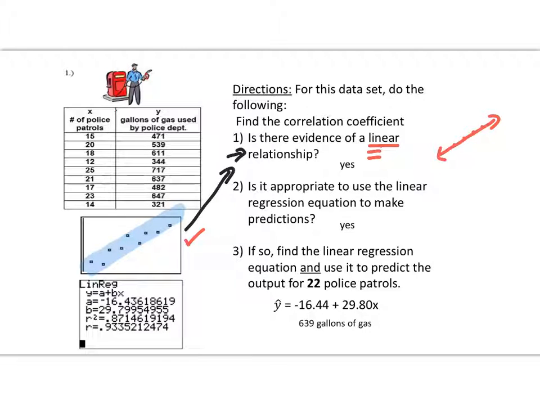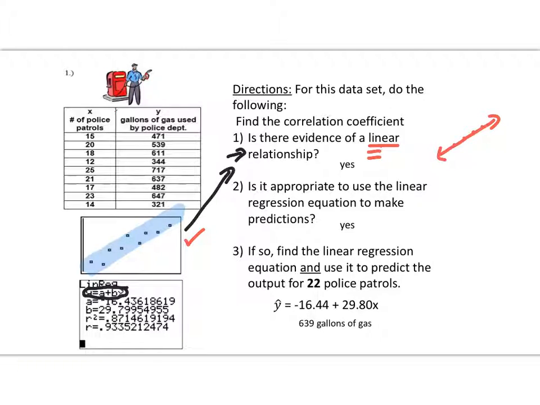I'll tell you which one you need to pick so that when you get your printout, you have the information in the order that it's going to be asked for on the stat lab and in the homework and on the test. Remember the test?